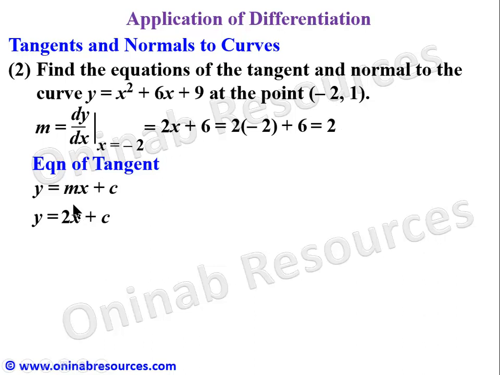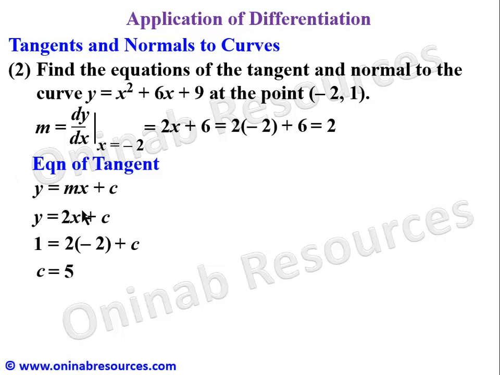So when y is 1, we have 1 is equal to 2 into negative 2 plus c. This is negative 4. Going to this side, it becomes plus 1. So c is equal to 5.